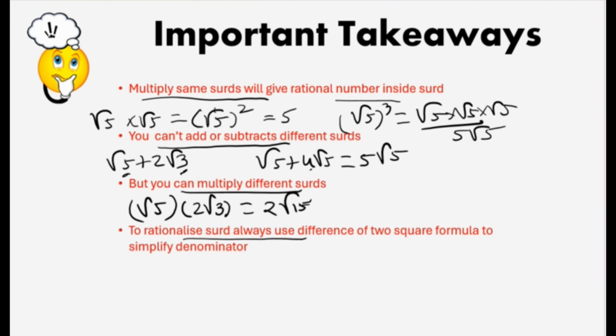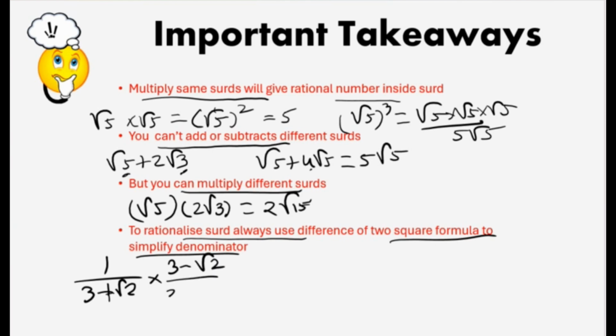To rationalize a surd, always use the difference of two squares to simplify the denominator. For example, I have 1 over 3 plus root 2. So we know for rationalizing I have to multiply with the opposite sign: 3 minus root 2 over 3 minus root 2. So the numerator stays the same because we are multiplying by 1. But for the denominator, let's assume it's a and b.